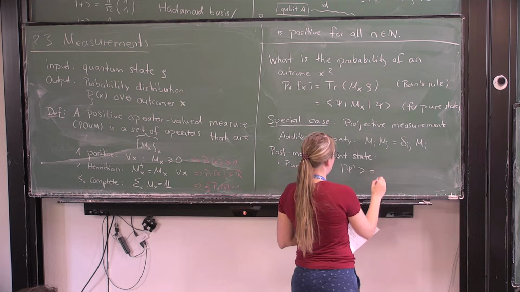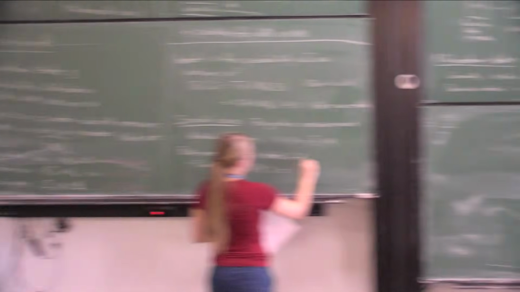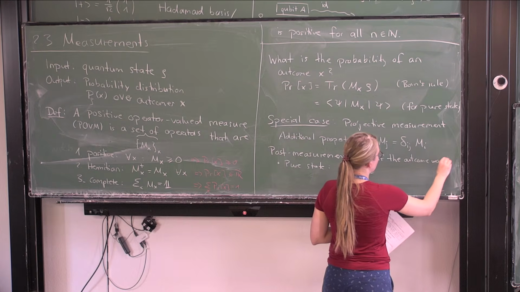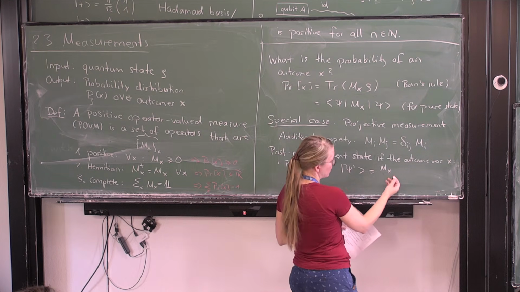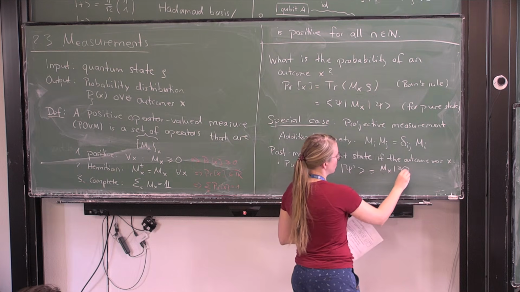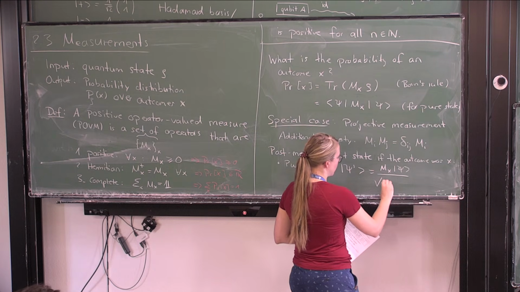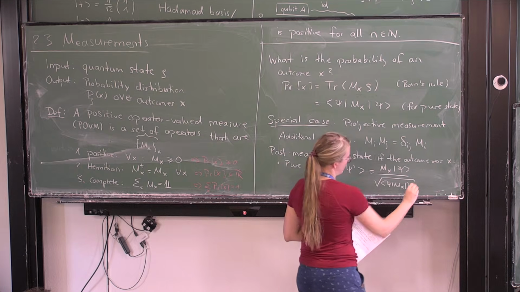If the outcome was x, then I get the post-measurement state by applying the measurement operator to the original state and renormalizing, so that I get a normalized state out.